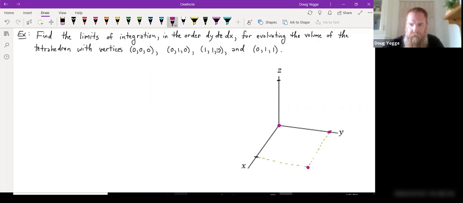Okay, we can go ahead and label them as we go, I suppose. 1, 1, 0, and of course 0, 0, 0. And 0, 0, 1, 0. And the last step here is to plot 0, 1, 1.